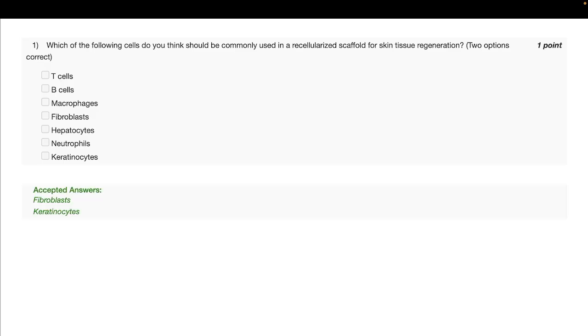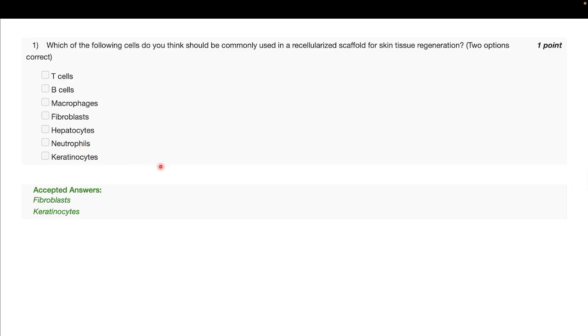Let's look at the answers. So the correct answers are fibroblasts and keratinocytes. So what is the question saying? We have to choose which would be the best possible cells to be used in a recellularized scaffold for skin tissue regeneration, right? All of the other cells here, T cells, B cells, macrophages, and neutrophils, are all immune cells, right?